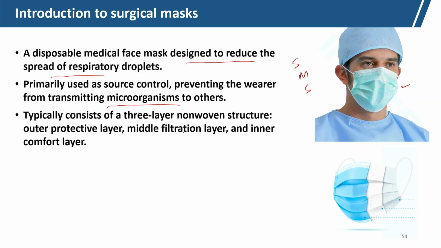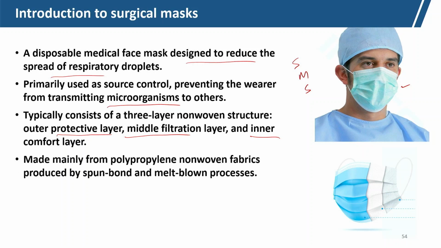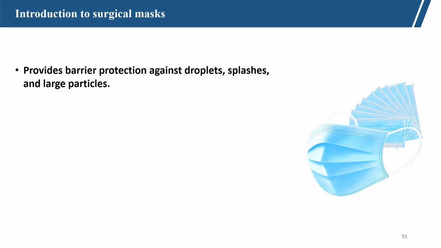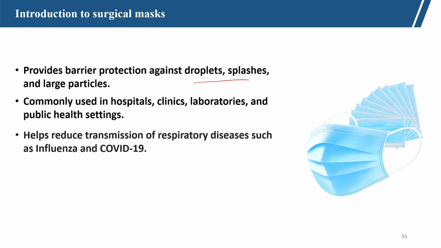The outer layer is the protective layer, the middle layer is mainly the filtration layer and the inner layer is the comfort layer, made mainly from polypropylene nonwoven by the spun bond and melt blown process, providing barrier protection against droplets, splashes and large particles, commonly used in hospital clinics.